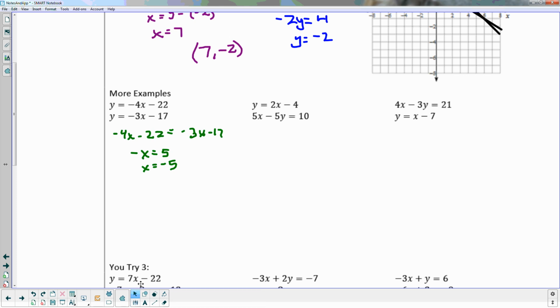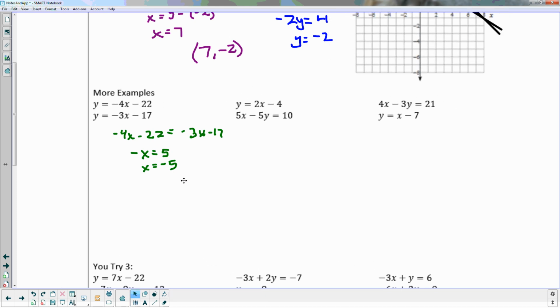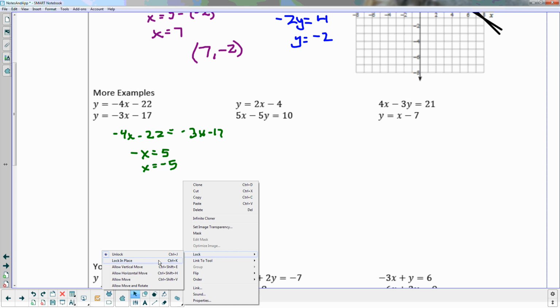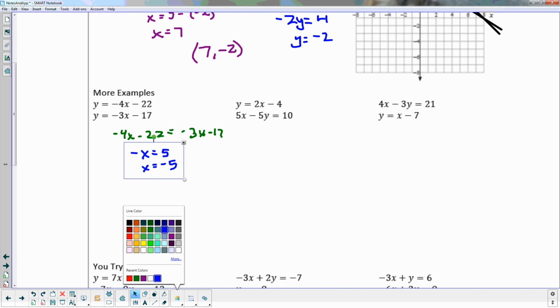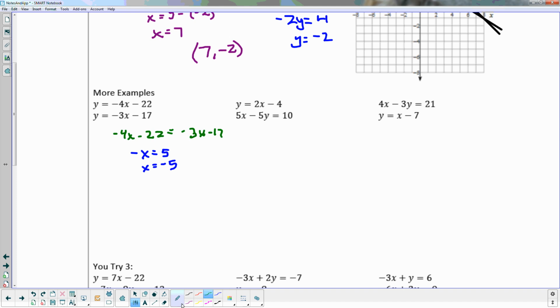With x equal to negative 5, let me change the color again, forgot to do that. So with x equal to negative 5, I'm going to plug that into either of these equations. It doesn't matter. Let's go with the bottom one. It seems a little bit better.